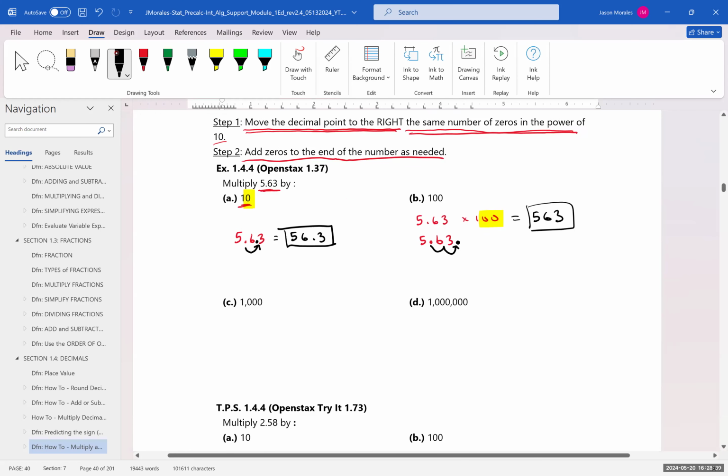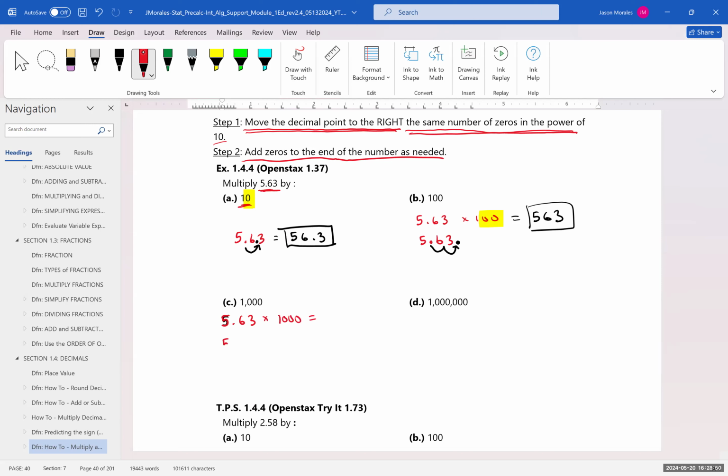All right, next let's do 5.63 times 1,000. And so we've got 5.63, and how many zeros do we have? We've got 3 zeros, which means we're going to move the decimal point 3 places. So 1, 2, 3.